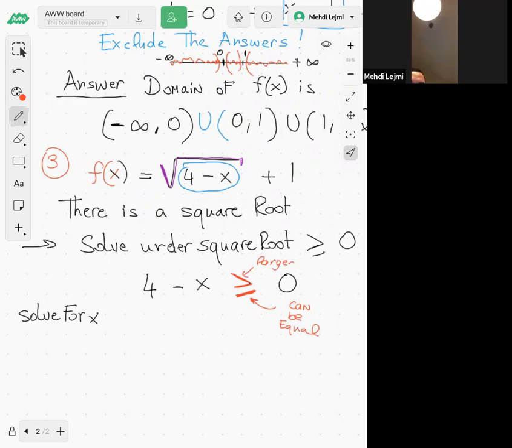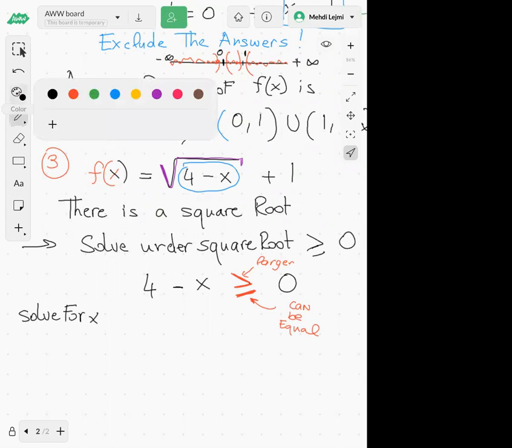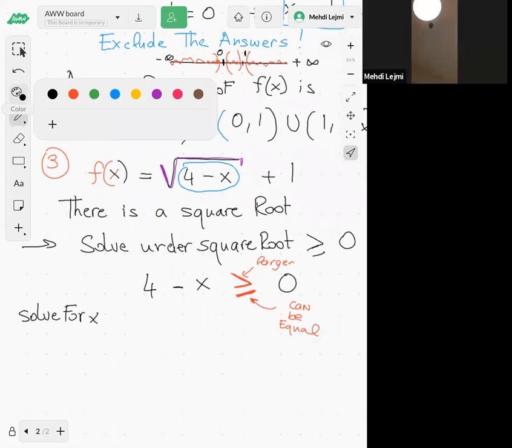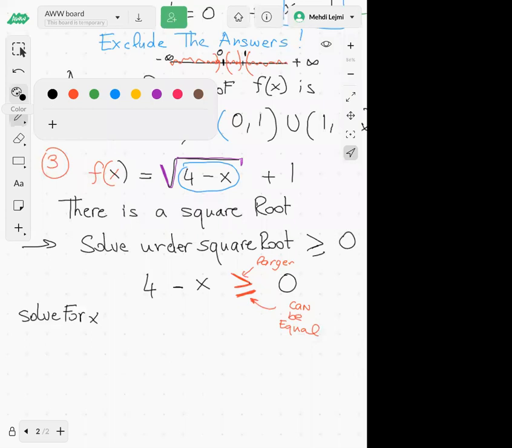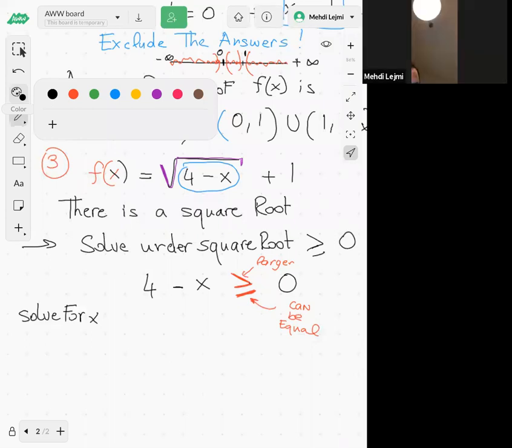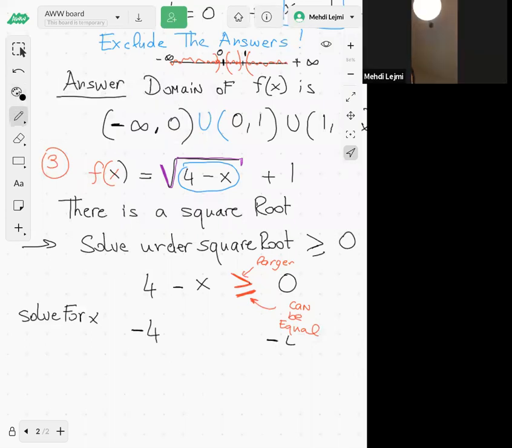All right. I mean, let's say you decide to subtract 4, right? Actually the easiest way is just to add plus x, because you have minus x. But if you decide to subtract 4, let's subtract 4 from both sides.